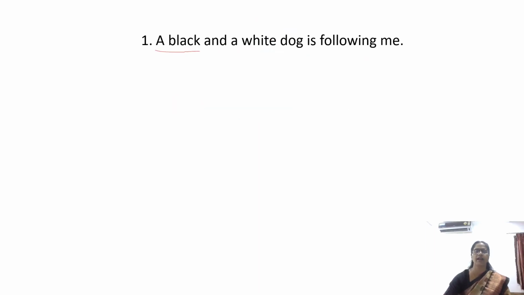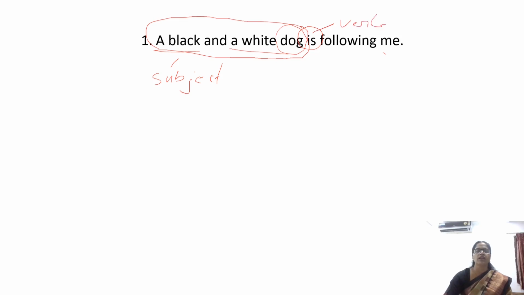A black and a white dog is following me. Now let us see how many dogs are there. Is the dog one or two? Here a black and white dog is our subject and is is our verb. Now, is it a singular subject or a plural subject? Let us check.